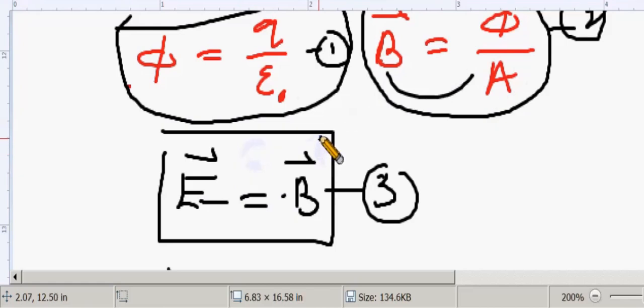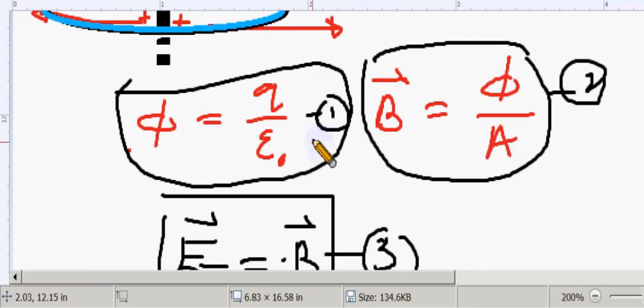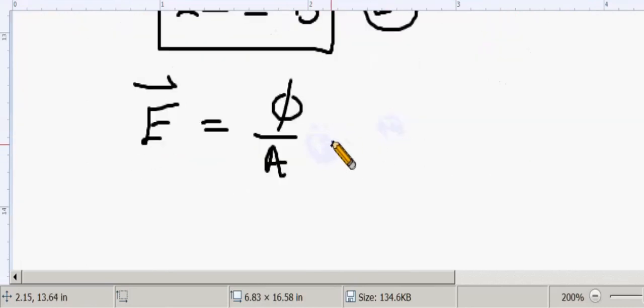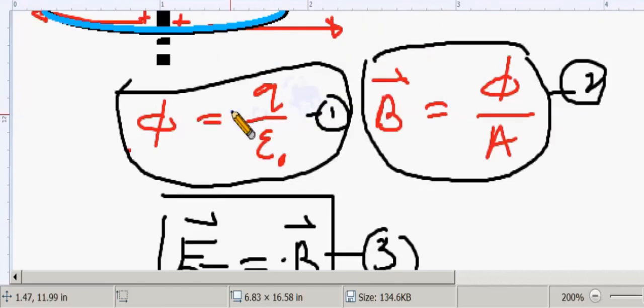Then what is this flux? Flux is given by Gauss's theorem. It is equal to Q over epsilon naught.